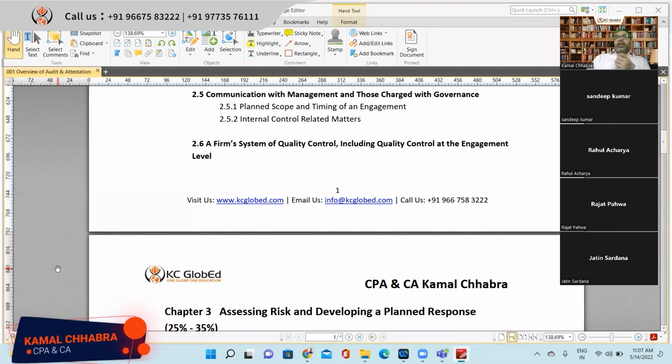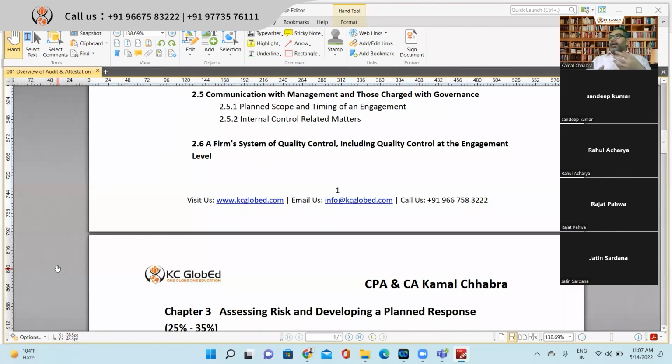Whether the firm is maintaining adequate documentation for all engagements or not, whether the firm is ensuring timely compliance of the reportings or not, whether the firm has a sufficient number of engagement partners or not, whether the firm is timely rotating the engagement or not, right? Whether the firm has an L&D department, learning and development department, or not, whether the firm is timely training its staff or not, whether the firm has quality or, you can say, technical people to do the respective audit or not.